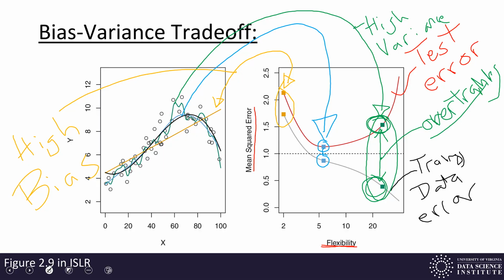When we look at our green model over here on the left-hand side, it's doing a lot of squiggling up and down and jumping around to try to match these small wiggles that are present in our training data, but they wouldn't be present in our test data.